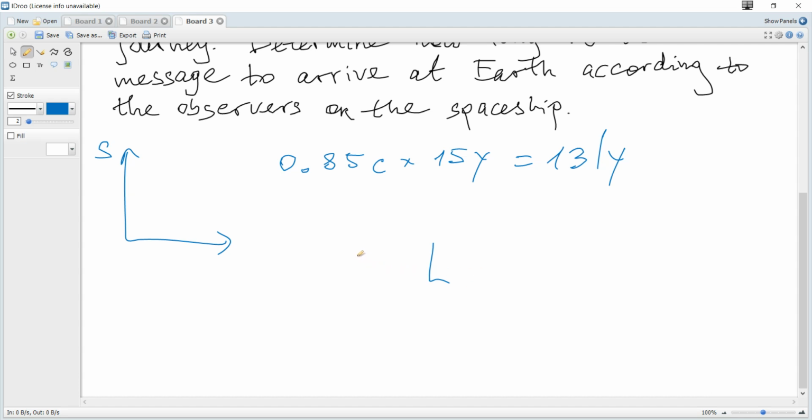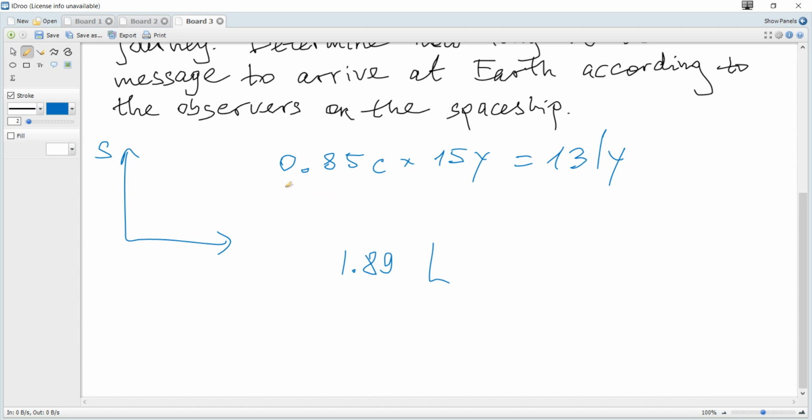So you must multiply it by gamma, 1.89, to get a larger length, which will be the proper length according to the observer on the Earth.